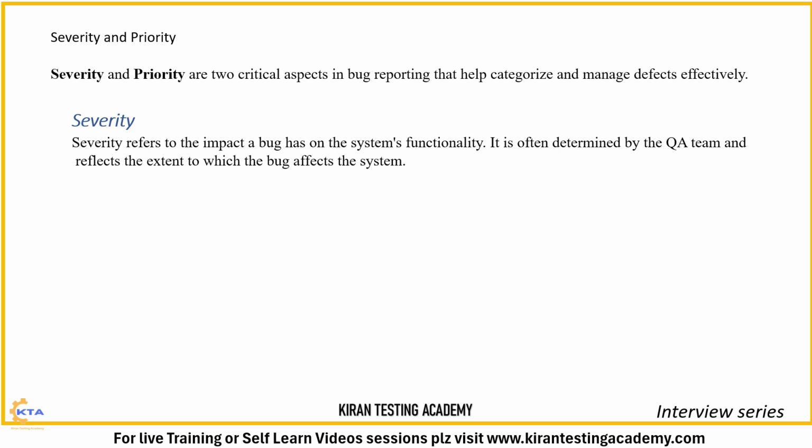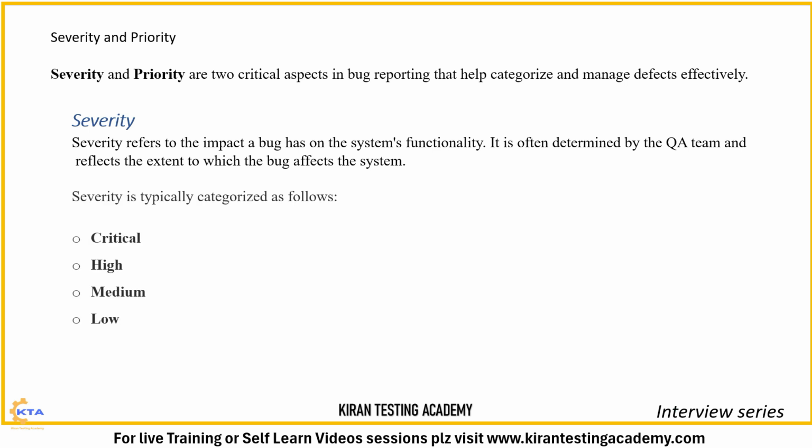If you get a bug that is a showstopper, or that completely holds your system, once that bug arrives you can't do anything after that. Your system is collapsed. In that sense, the severity is very high. So severity represents how that bug is impacting the functionalities. As simple as that.